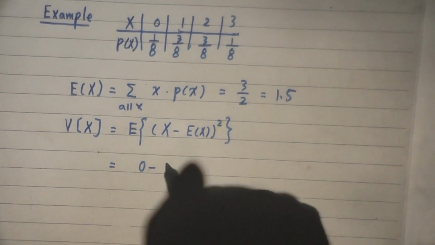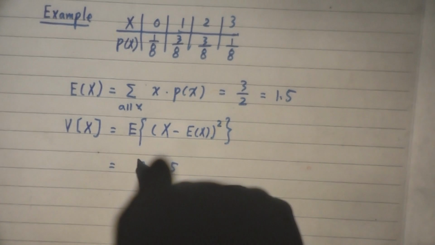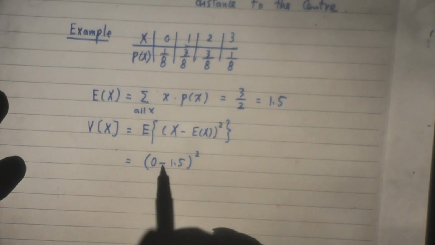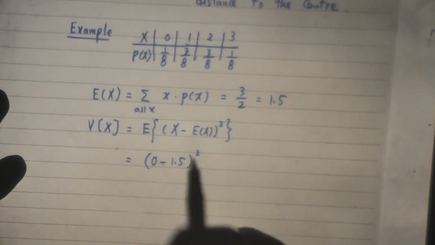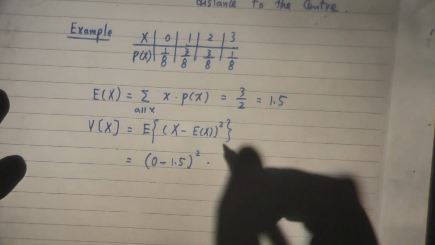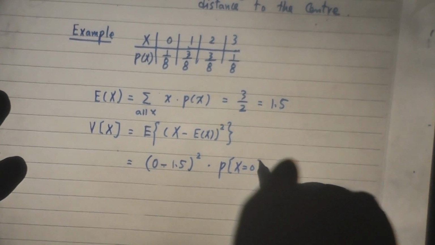EX is 1.5. Okay? So, the distance squared from 0 to the center is 0 minus 1.5 squared. But how likely you find this distance squared to the center is weighted by its probability, the probability that X equal to 0.